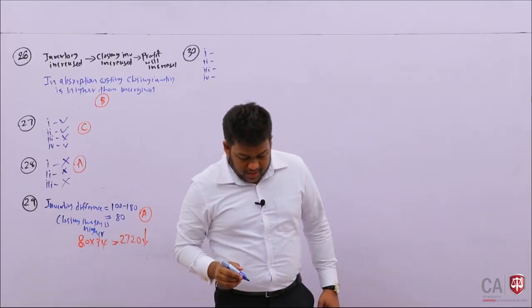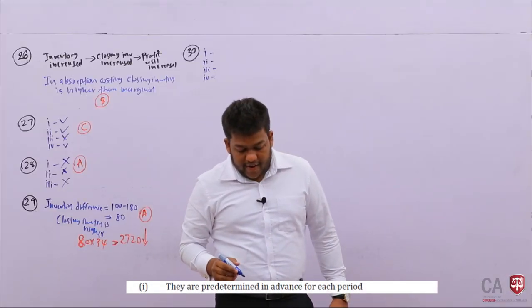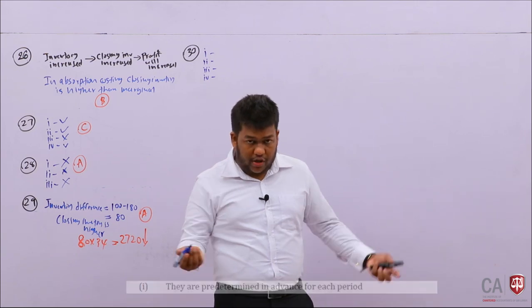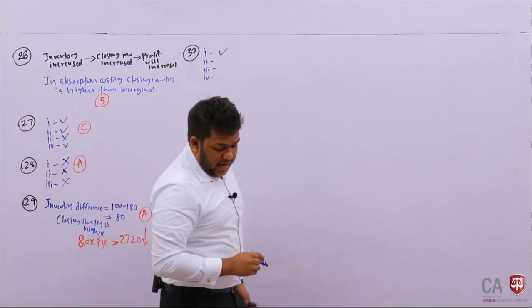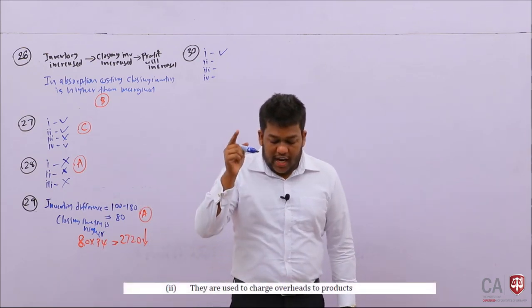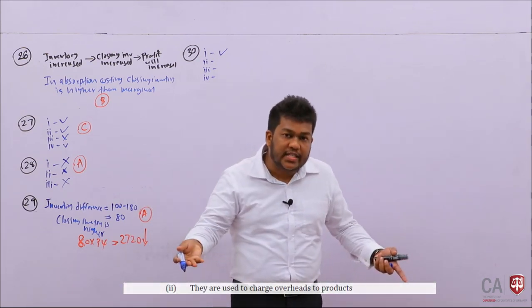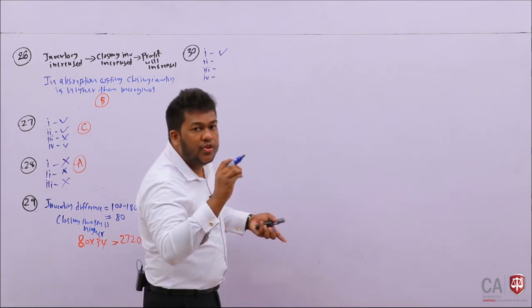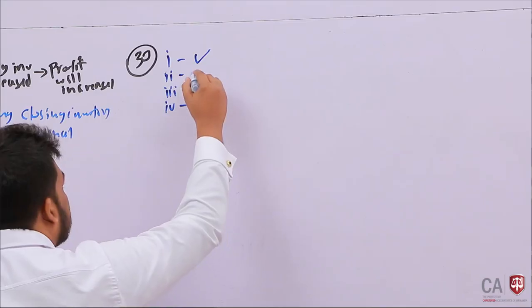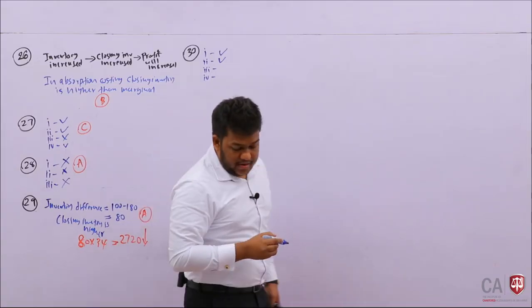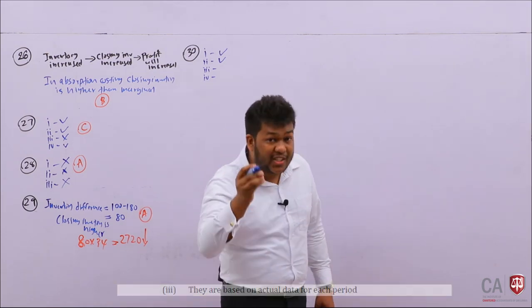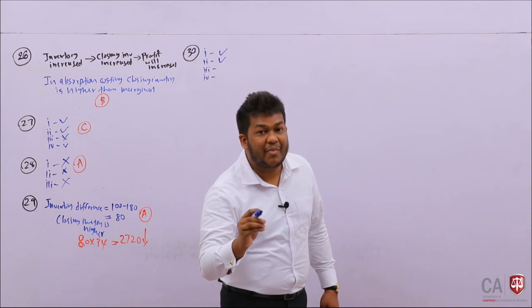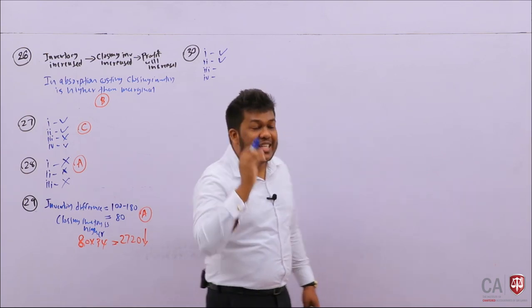First one, they are predetermined in advance for each period. Correct or wrong? Correct. Second one, they are used to charge overheads to products. Yes, that is the objective of charging overheads to each product. Third one, they are based on actual data for each period. Is it based on actual data? No, we are basing that on budgeted data.